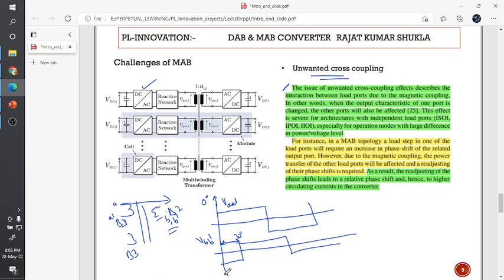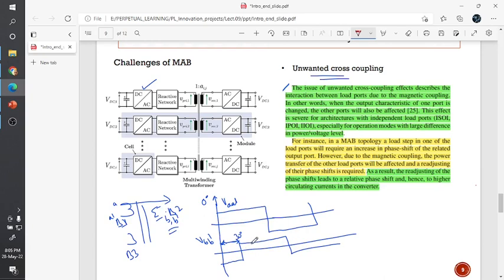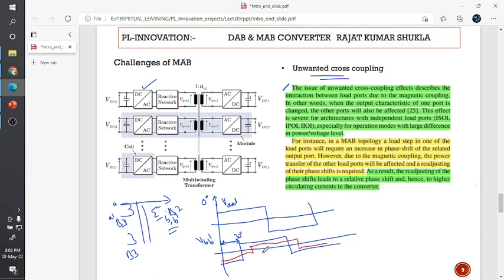Now VCC dash appears here on this bridge side. This is called VCC dash. So you can see this is bridge B1, this is bridge B2, and this is bridge B3.